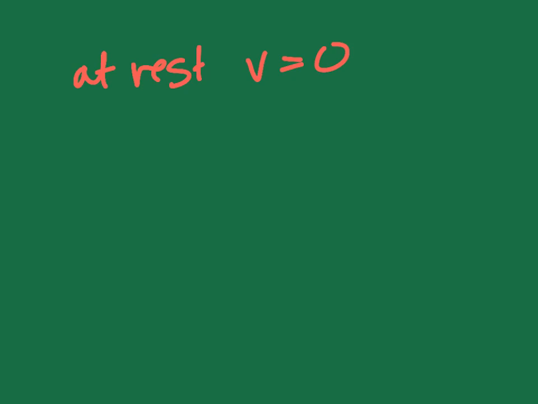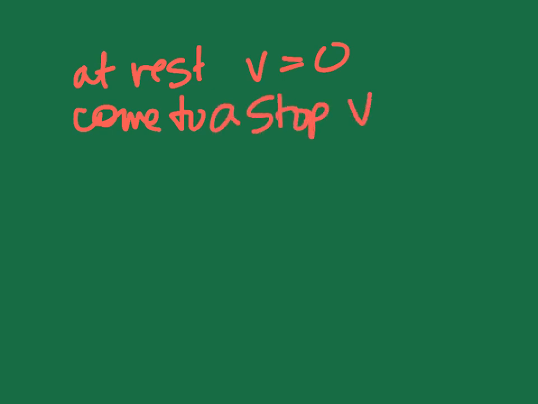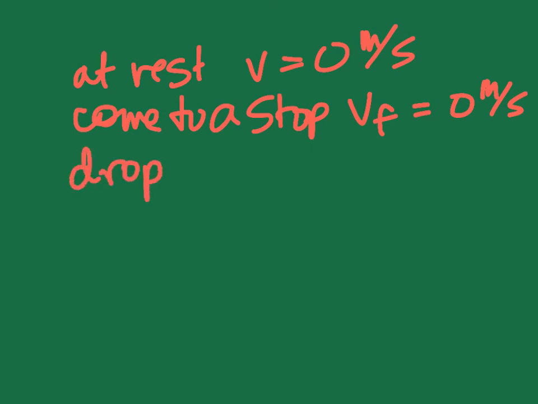When you come to a stop, okay, your final velocity is 0 meters per second. When you drop something, the initial velocity is 0 meters per second.